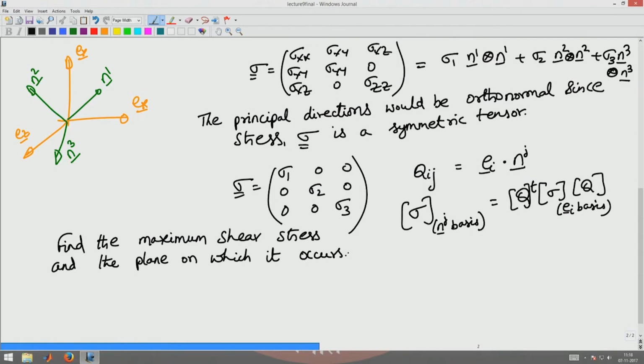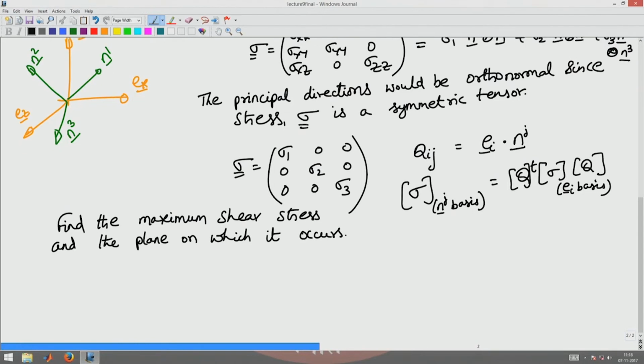Now, the shear stress expression tau is given by the norm of the traction acting along a particular normal squared minus sigma n squared. Okay. So, let us deal with the representation of the stress in the principal directions.